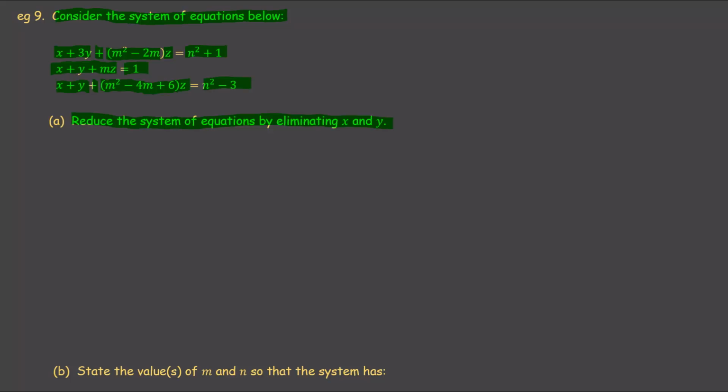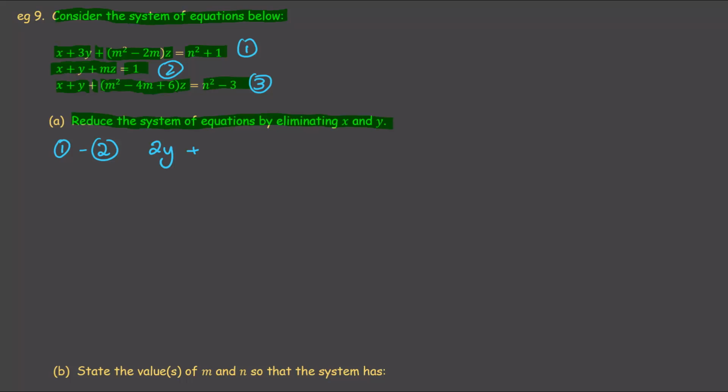So if I call these equations 1, 2, and 3, I'm going to start by doing equation 1 take away equation 2, which will eliminate x. So x take away x, then 3y take away y is 2y.